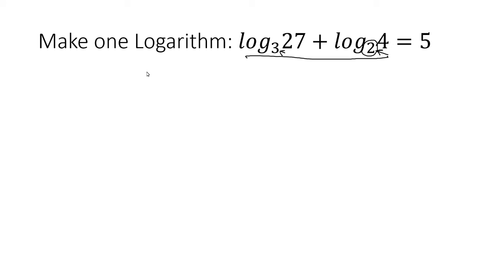So we have log base 2 of 4 equals x, and we need this log base 3 of y to equal x. If we make this into an exponent, 2 to the x equals 4, and we know 2 squared is equal to 4, so x is going to equal 2.